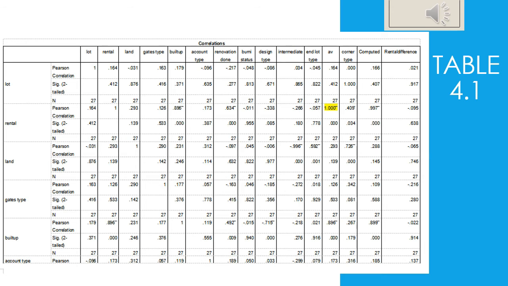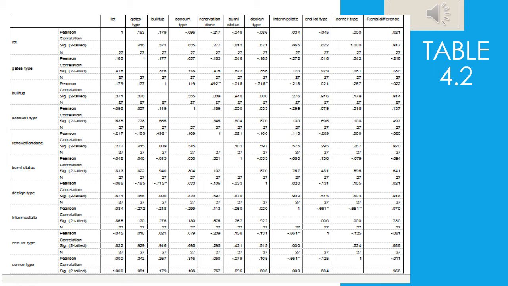After running the variables in SPSS, table 4.1 above shows that annual value (AV) and rental value have a strong relationship, as it shows 1, which is more than 0.8. So the data is considered not okay, as it does not show below 0.5.